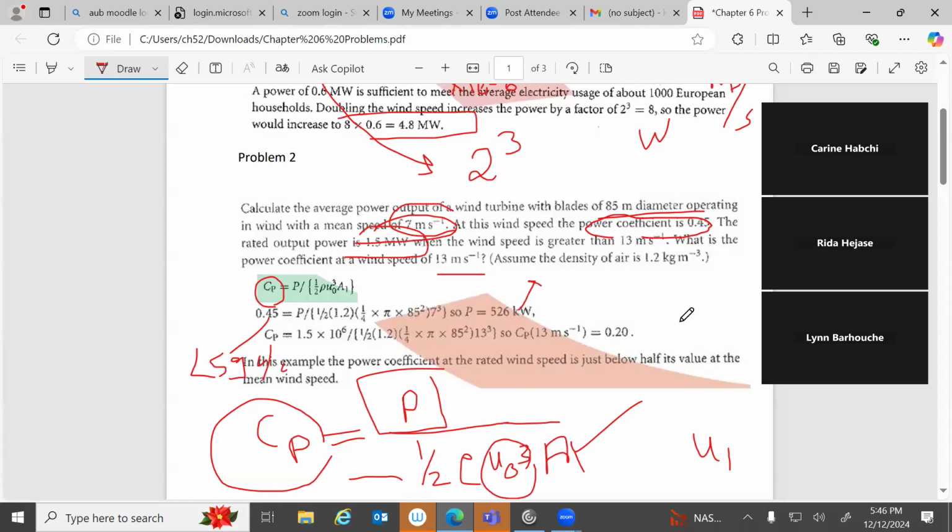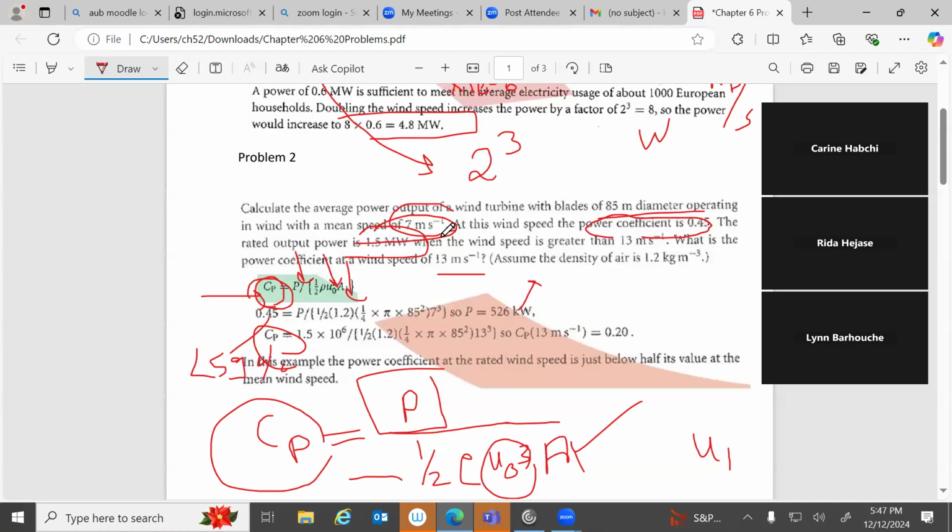But because the coefficient of performance is not the same, we'll have a new coefficient of performance to calculate. To find CP at this velocity, we just apply the formula as it is, because now we know the power, we know u0 and A1, and we want to calculate the coefficient of performance.